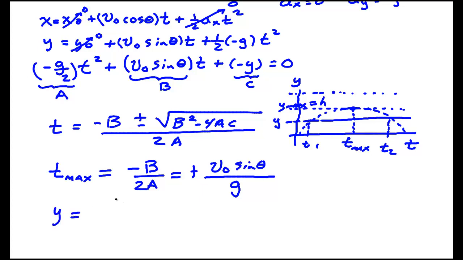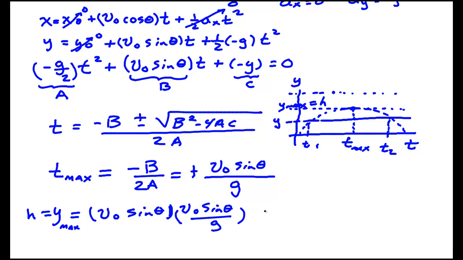Y is equal, so y max I should say, which is h, is equal to v naught sine theta, right back up here in this equation, times t, but there's t, v naught sine theta over g, minus g over 2 times t, which has got to be squared.